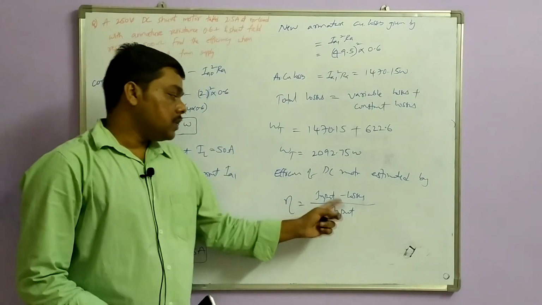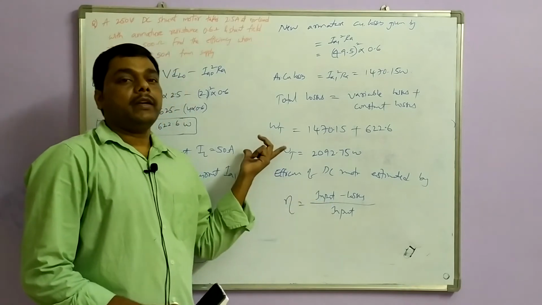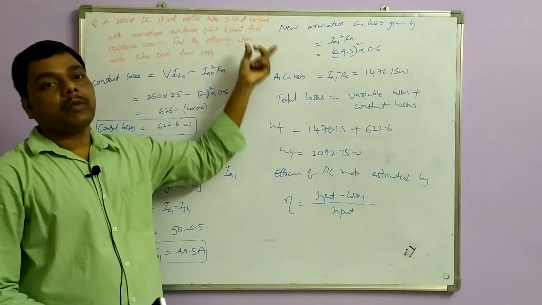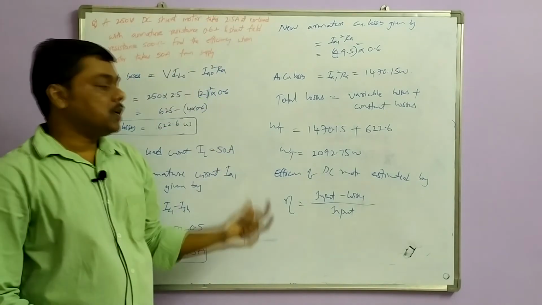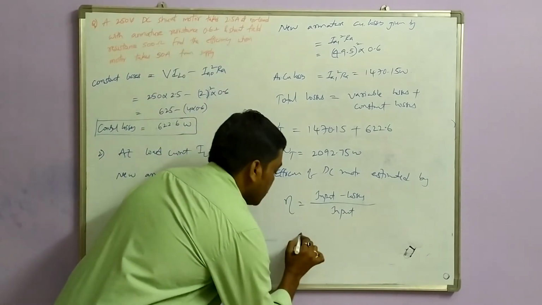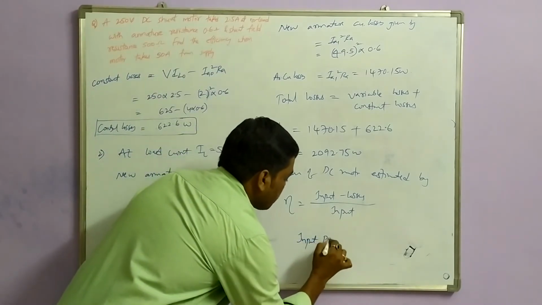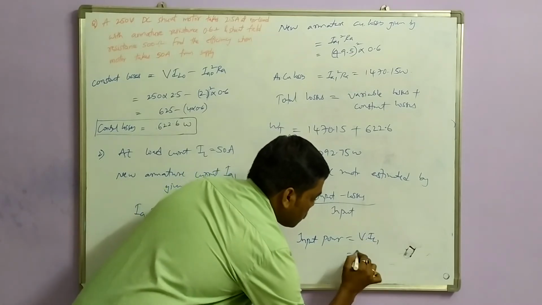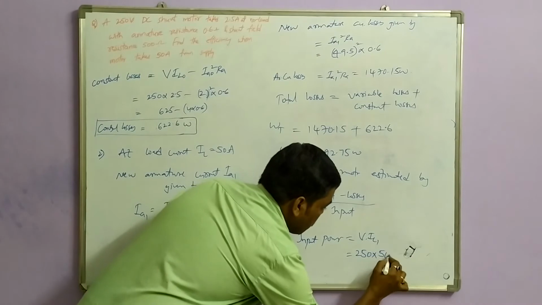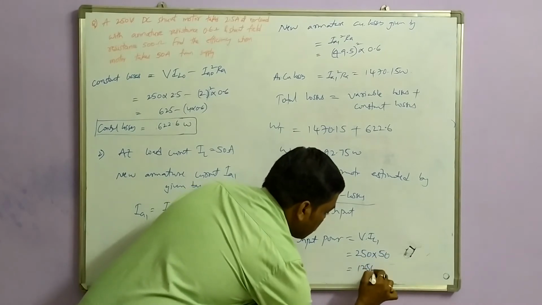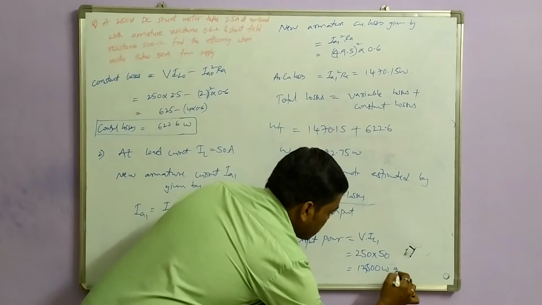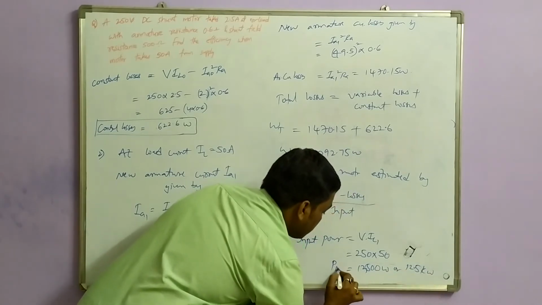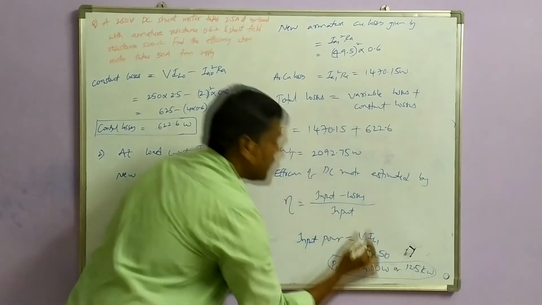The input can be calculated from the load voltage multiplied by load current, so we will get the input power. So input power is equal to V into IL1, so 250 into 50 is nothing but 12500 watts or 12.5 kilowatts. Now this is the input power for this case.